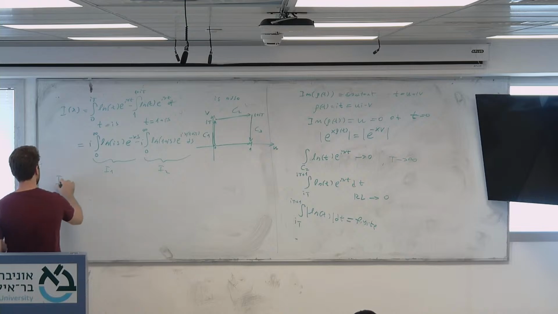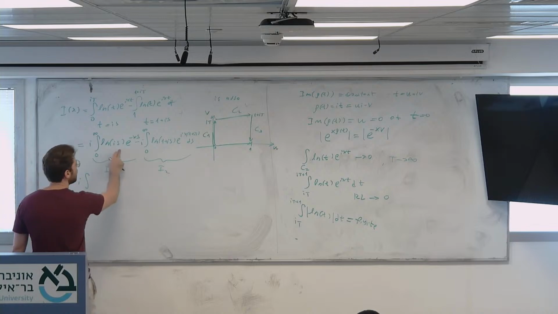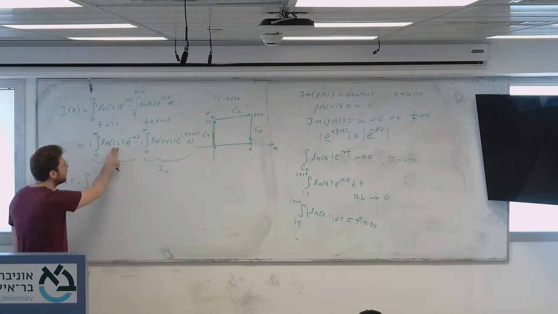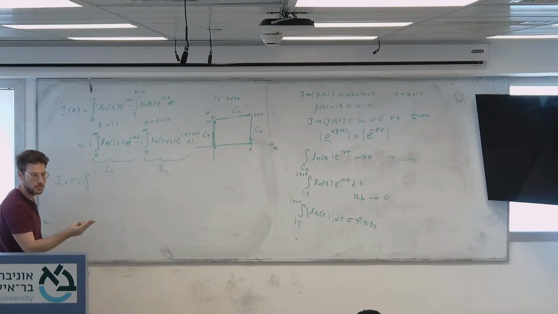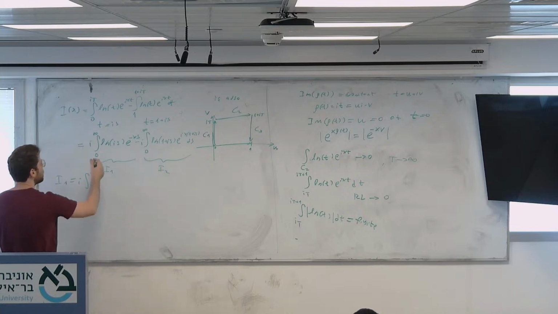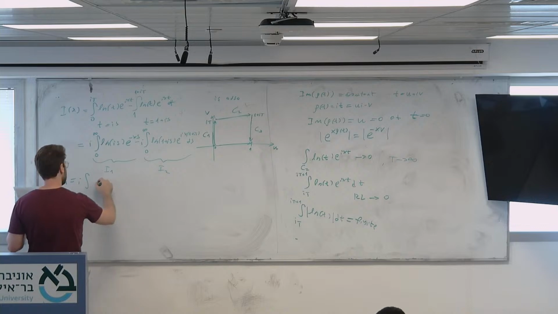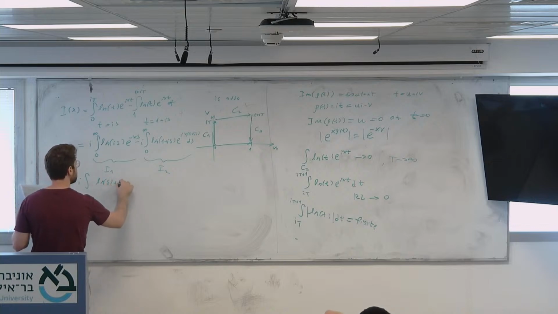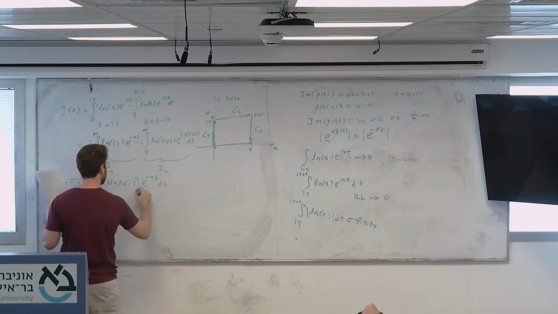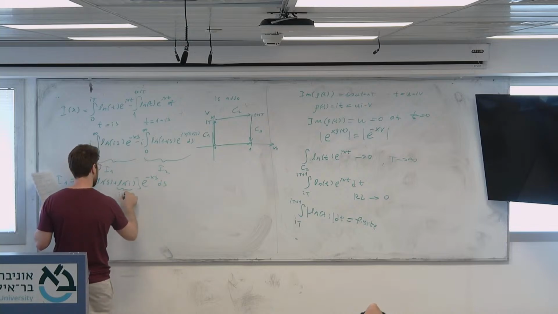So I1: ln of is, you can actually separate the i and s, right? So it's ln s plus ln i, and ln i we know what it is, it's pi over 2, because e to the power of i pi over 2 is i. So we have ln s plus ln i, e to the minus xs ds, this is i pi over 2.